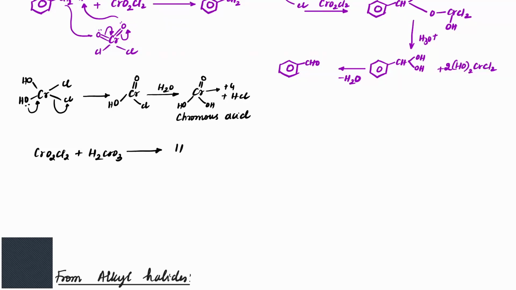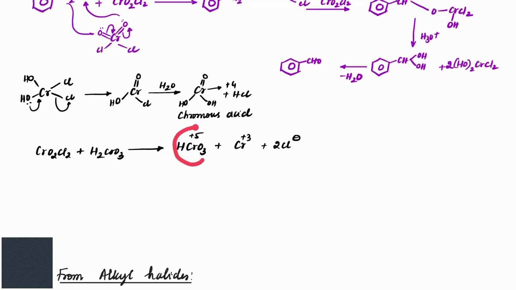H2CrO3 will convert into HCrO3 this way, where the oxidation state is now +5. It gets disproportionated, and another one will become Cr+3 and 2Cl minus, like this. So a disproportionation is observed where the oxidation state is +5.